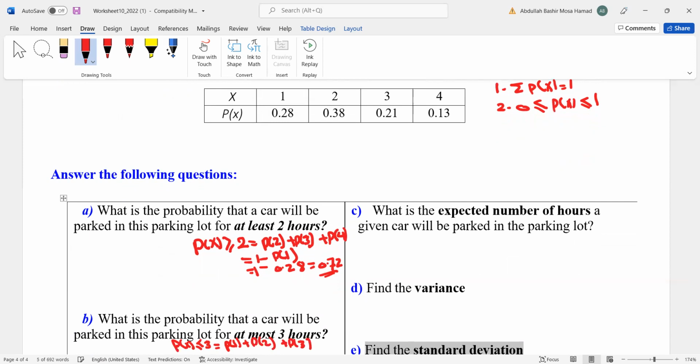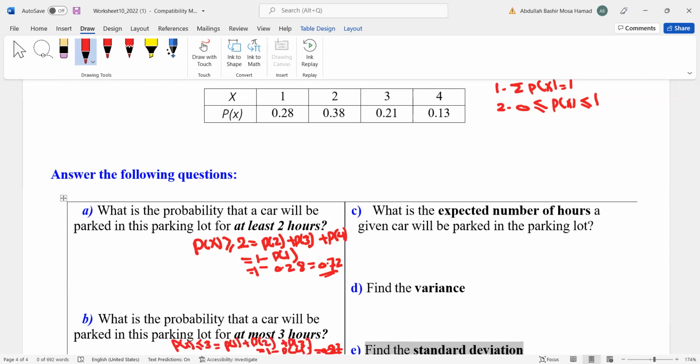By the complement concept, this equals 1 minus P of 4. P of 4 is 0.13, so 1 minus 0.13 is 0.87. About 87% of cars will park at most 3 hours.